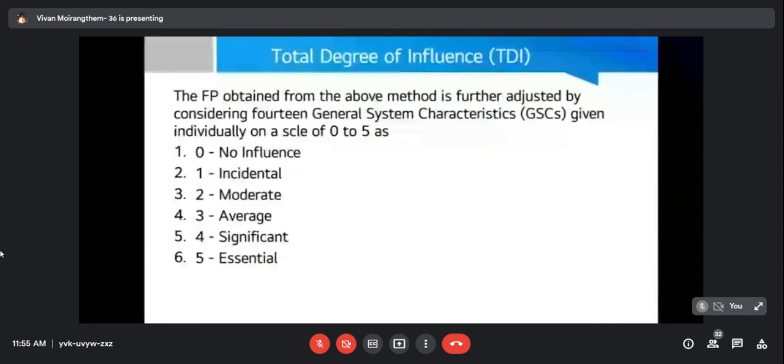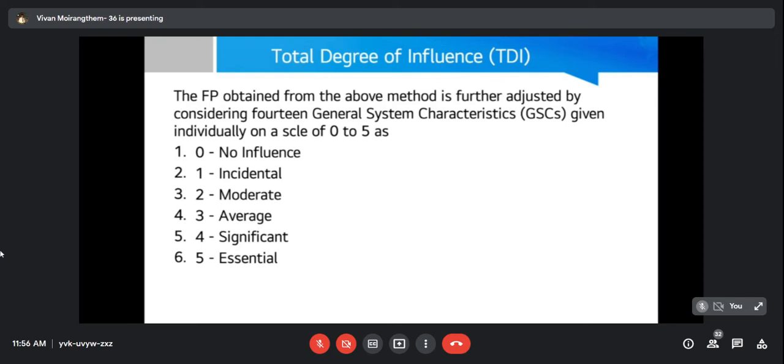It is not exactly what we want. It is not the precise value that we need. It is still uncalibrated. So for further adjustment of this roughly obtained UFP, we need some other value which we will use.